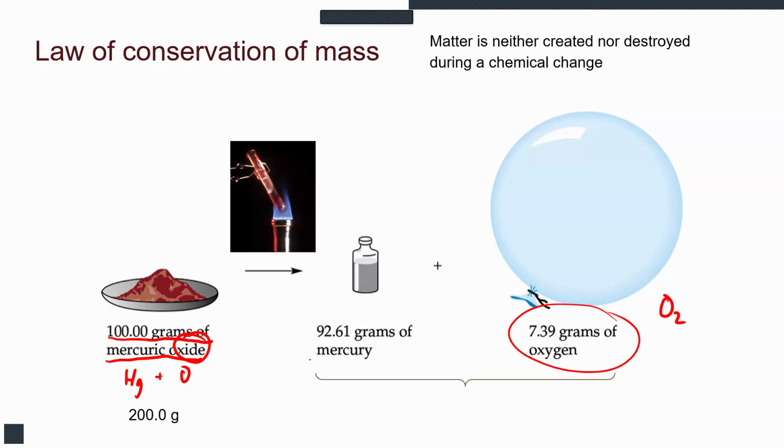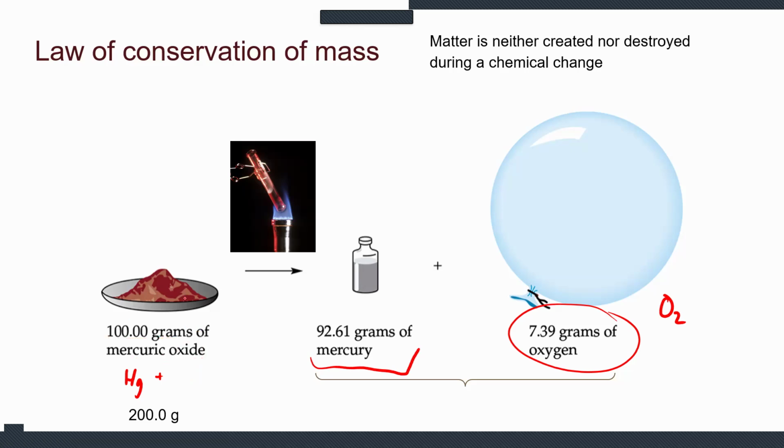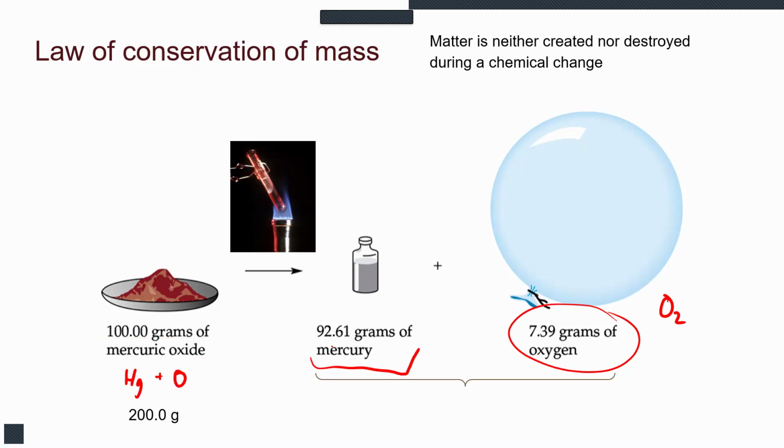What's going to be left behind is the metal, the mercury. So from 100 grams of mercuric oxide, we're going to have 92.61 grams of mercury and 7.39 grams of oxygen. If you do 200 grams of your starting material, you're going to get 2 times as much mercury and 2 times as much oxygen.